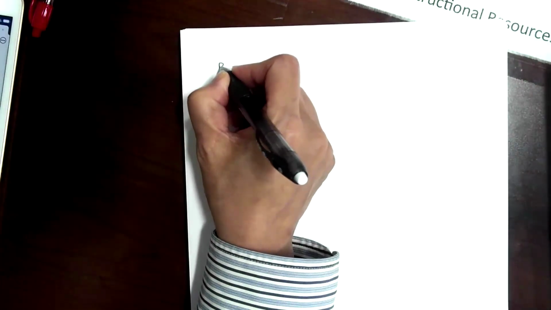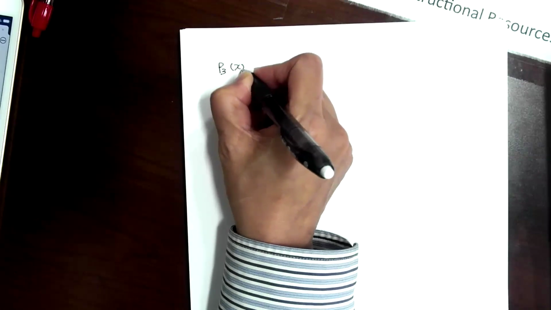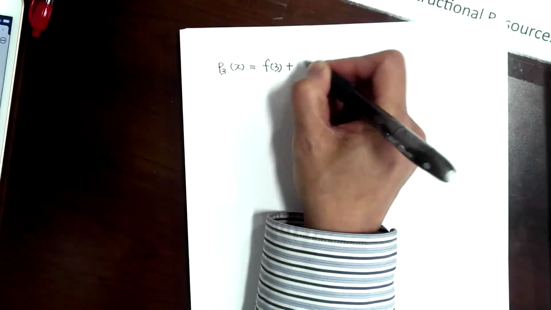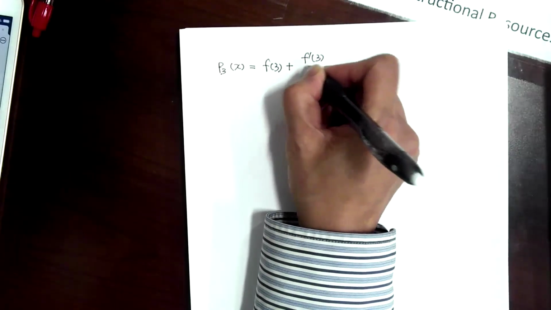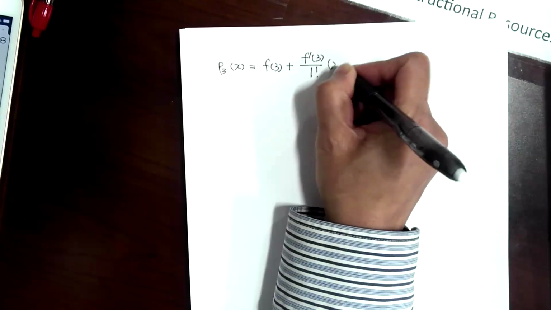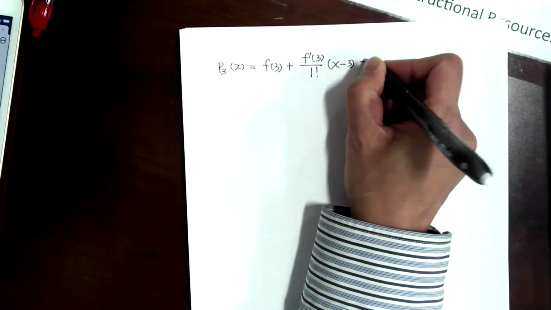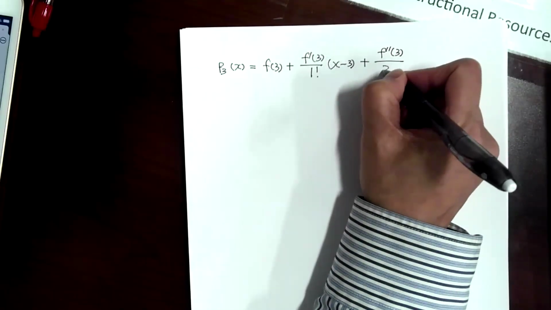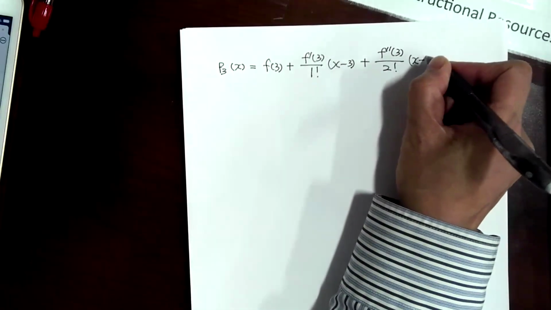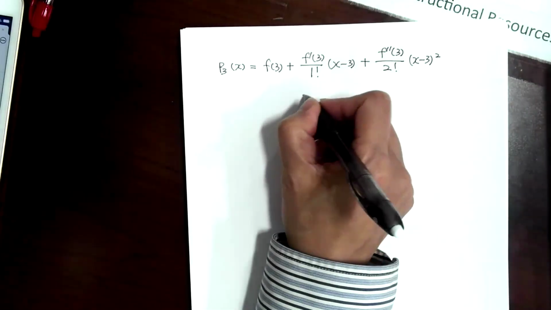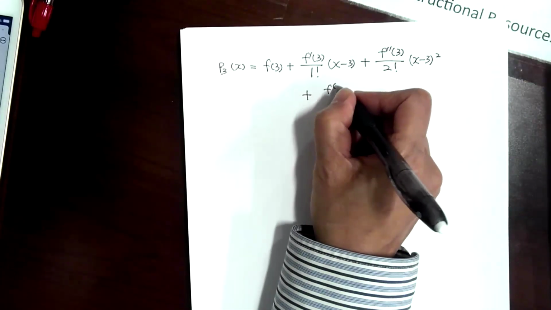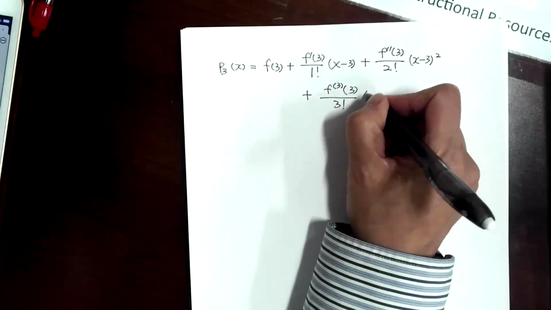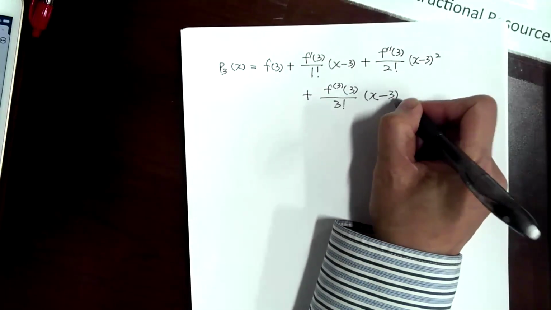Then the third Taylor polynomial of x is f of 3 plus f prime of 3 over 1 factorial times (x minus 3) plus the second derivative at 3 over 2 factorial times (x minus 3) squared plus the third derivative at 3 over 3 factorial times (x minus 3) cubed.